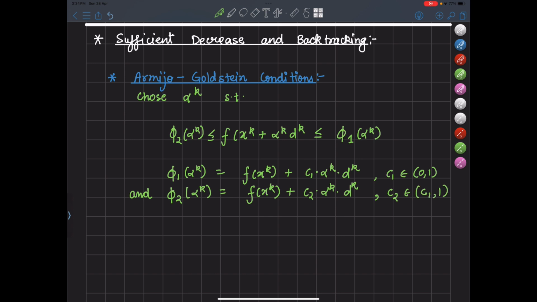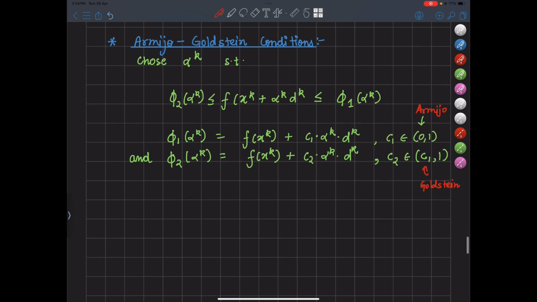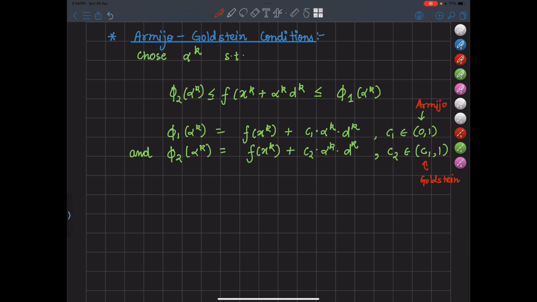Okay, so this one is the Armijo condition, and this one is Goldstein. These ensure that the step length being chosen has a significant value, and also the reduction in the function value is significant, which helps in convergence of the algorithm.